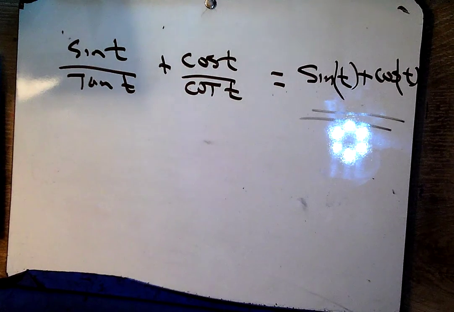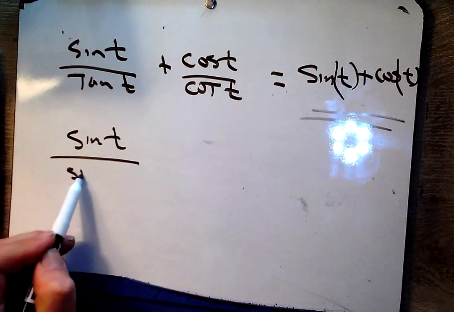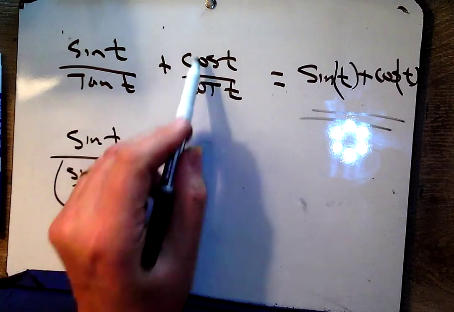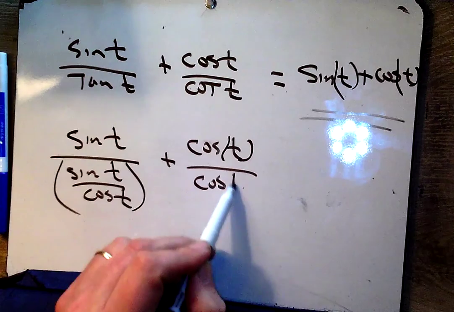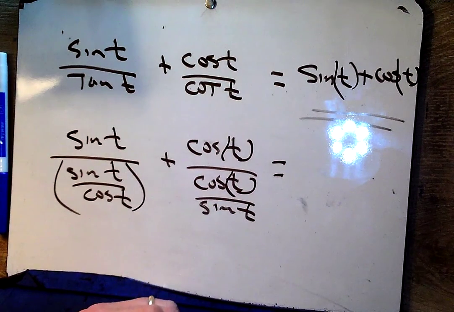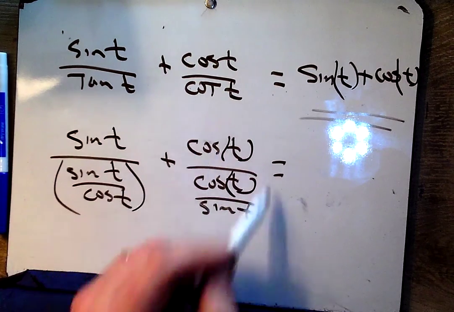Okay. Yep, I did. I started by rewriting tangent as sine over cosine and rewriting cotangent as cosine over sine. Cool. Well, let's do the flip and multiply now, both with this one and with this one.